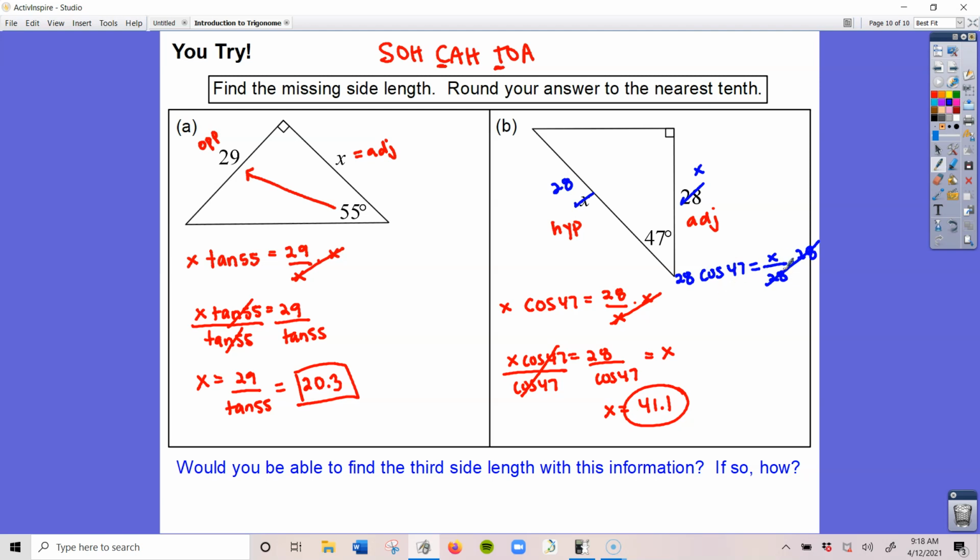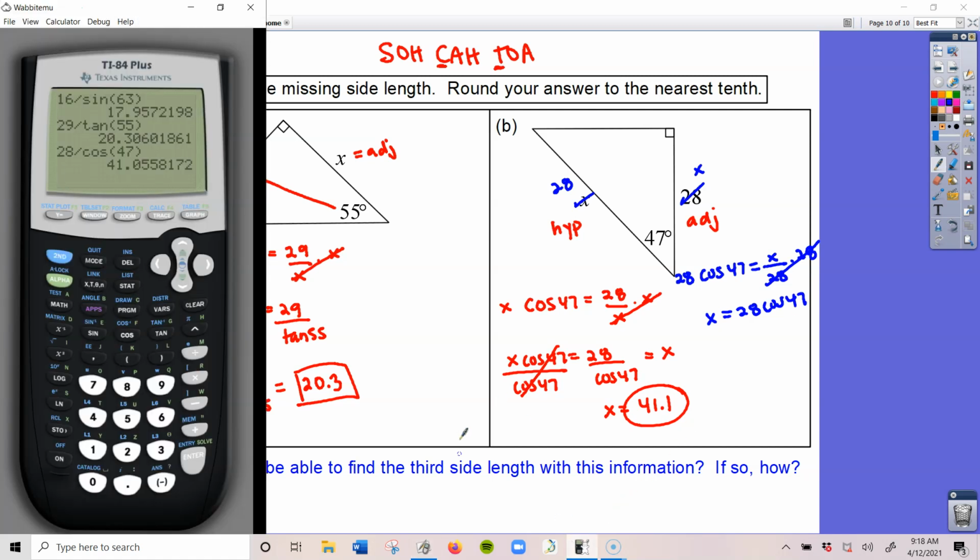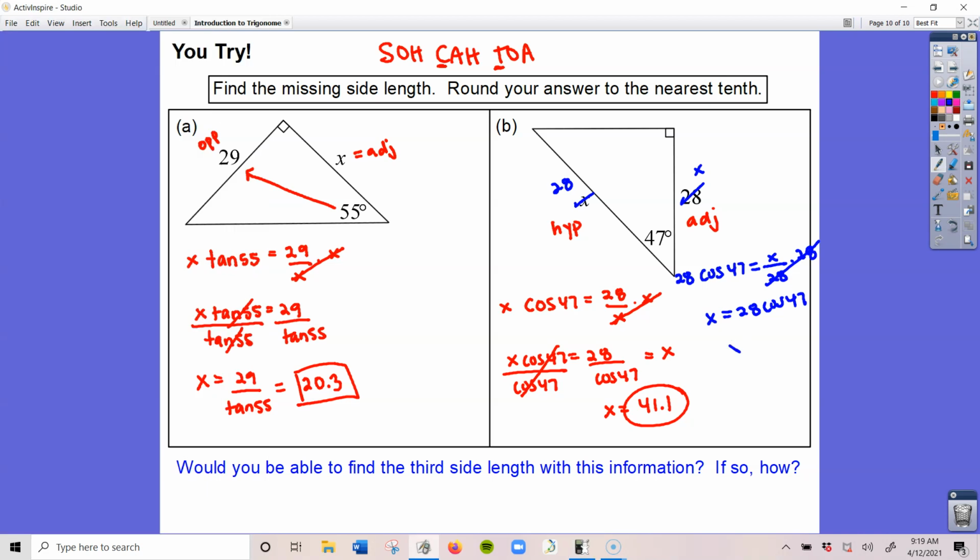Whatever is in the denominator, that's what you multiply. And this is actually shorter. This would give me x is equal to 28 times the cosine of 47. And then you would go to your calculator, put 28 times the cosine of 47, and you would get that x is equal to 19.1. So that's the different ways that you may see these equations.